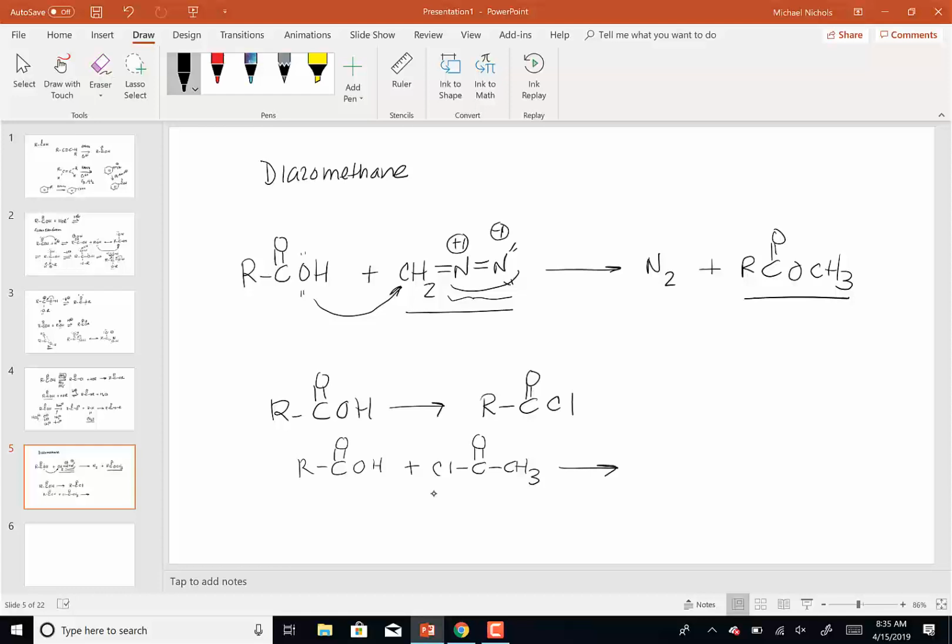Let's react the carboxylic acid with a carboxylic acid chloride. What do you think will happen here? What do you think the first step of the mechanism should be?